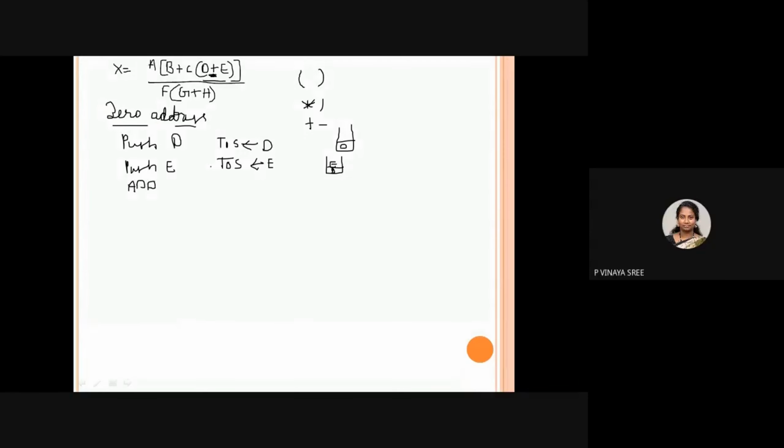It is a zero address instruction format, so for an opcode you don't mention any address; the instruction format is simply the opcode, where you are given only add.